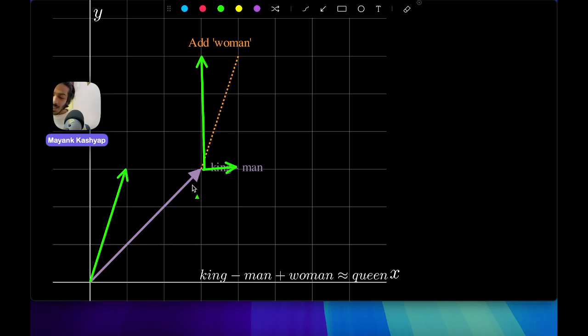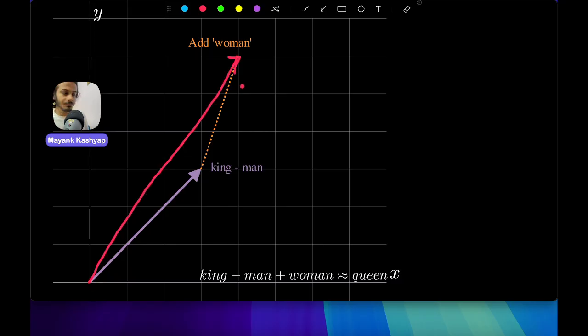Now if we add woman to king, how will we add? We'll just put this here like this, and now we'll find the resultant vector like this. So the resultant will be somewhat like this.